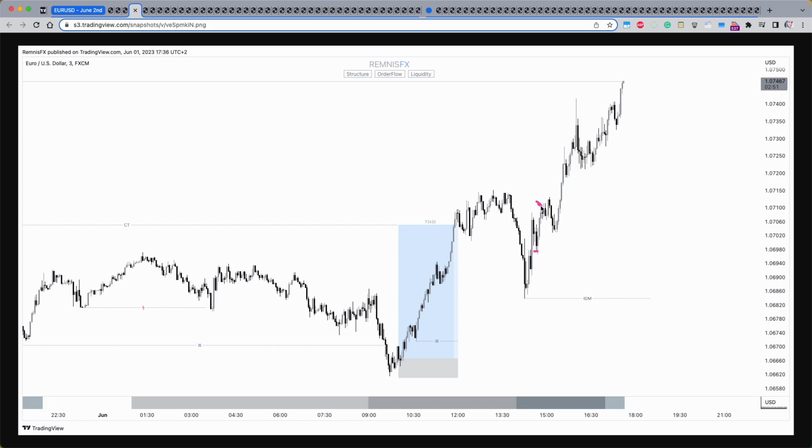So after this one closed above this candle here, you could have definitely gone with an entry and stop loss there with a potential TP there, right? Because now we have already liquidation here and then mitigation of this black candle. Remember, after this one closed above, it came back to mitigate that area, right?